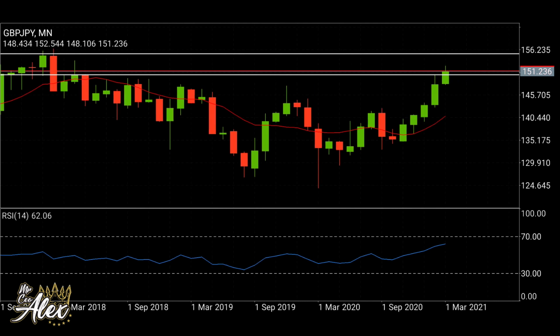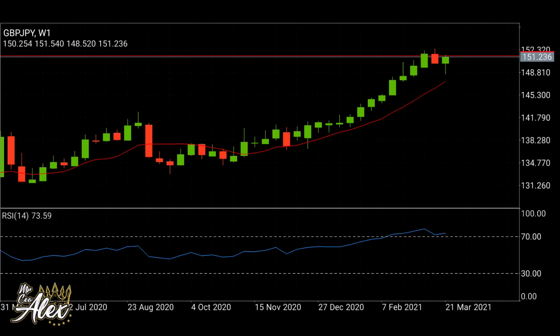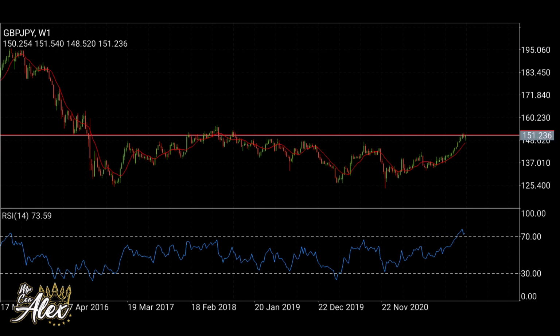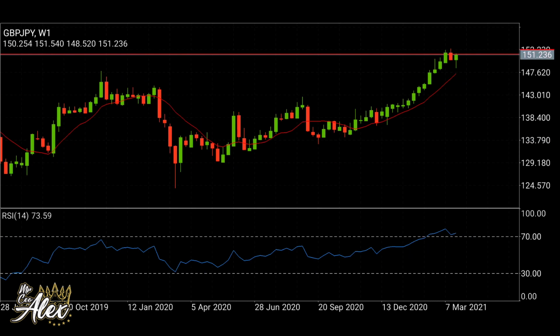On the weekly time frame, the RSI is very overbought, I think over 78 or so. So for me, I'm going bearish on this pair. As we can see, look at the candlesticks.